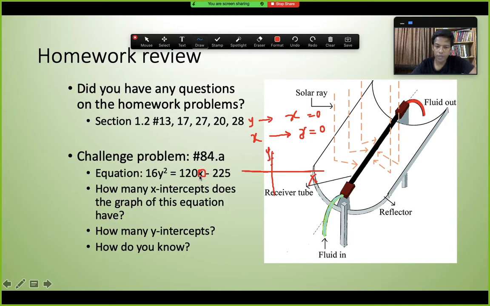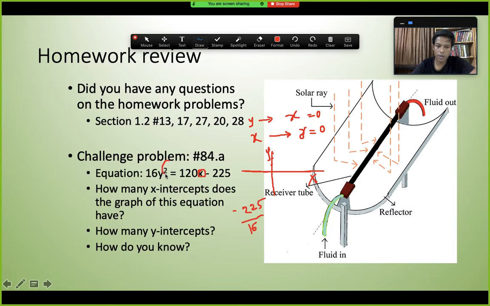Now, if we put x equals 0 here, then you see this term will become 0. Then y squared equals minus 225 divided by 16.